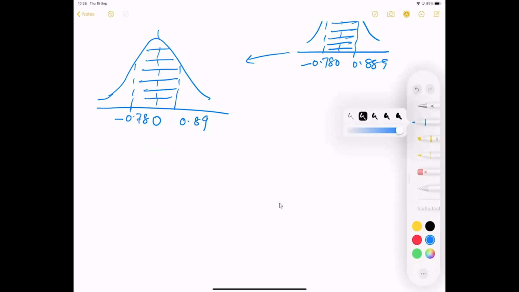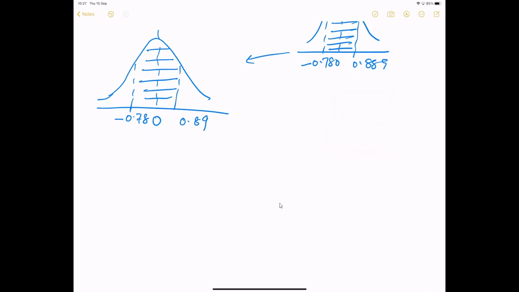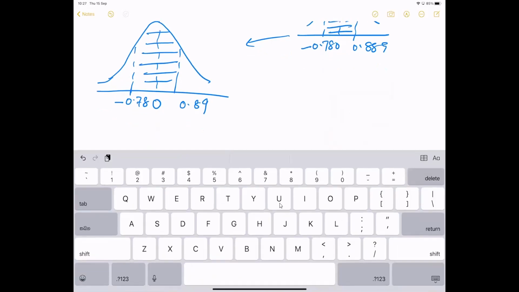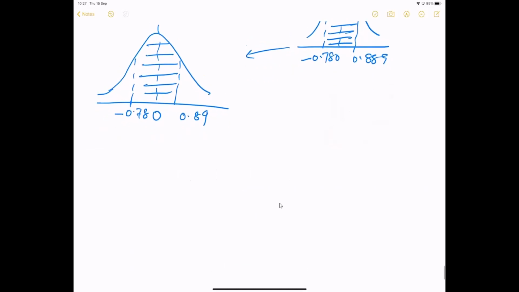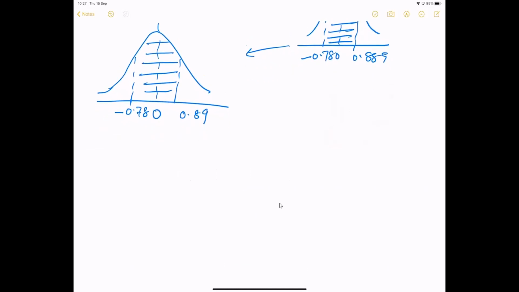So first we find the probability from negative infinity to this 0.89, indicating this total probability. First, we have to consider that one.